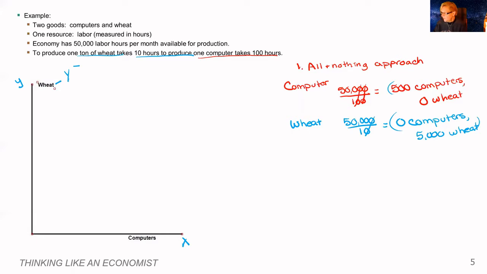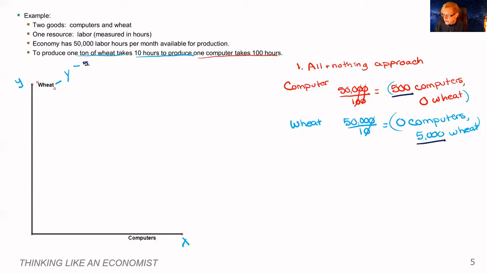That's true, but if I chose to do it differently, I could have put 5,000 wheat, comma, 0 computers, right? And then it wouldn't be in coordinate point systems. So how do you know what goes on the y-axis? And this is kind of an important point. If you don't get it, then all of your graphs will be backward. You're going to look at the numbers that you have. I have 500 and 5,000.